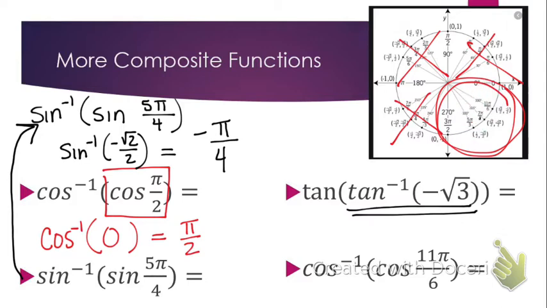So go ahead and figure out which angle has a tangent of negative root 3. So you need to take sine and divide it by cosine to see which one is going to give you that answer.